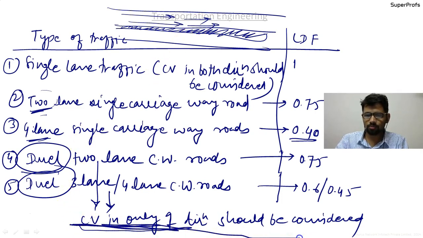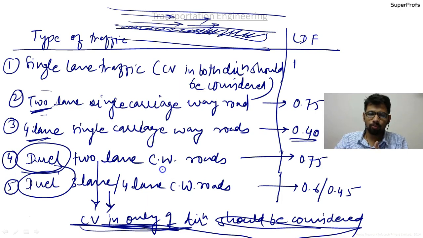Please note this point. It is very important, and it is a good point on which small questions can be asked. Understanding when to take commercial vehicles in only one direction and when in both directions is of prime importance.